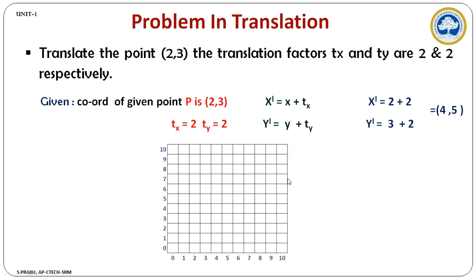Finally, I visualize the output. Draw a rough graph and plot the dot at the given value, 2, 3. We calculated the new coordinate value, 4, 5, so we plot that dot here. The original dot is here, and after applying the translation, we get the new location.